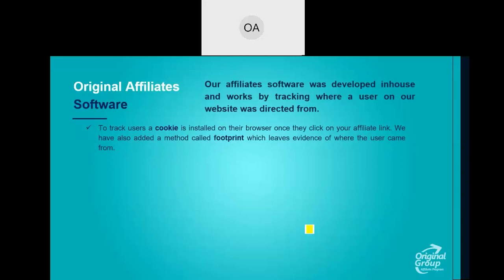Right now, we currently have our cookie system in place, which embeds a cookie, or a code, on the user's browser, and it allows us to get certain information or data, track their conversion and then credit it to you.